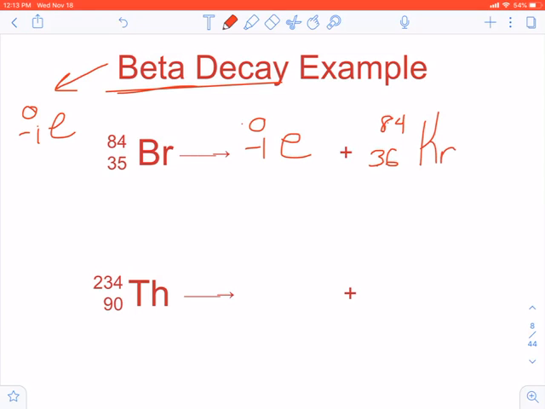Take a second and see if you can do the next one. Hint: make sure you always start with what you're given, which is that it's a beta. So we know, since it's a beta, that it's 0, negative 1.